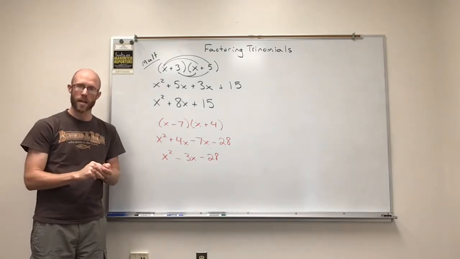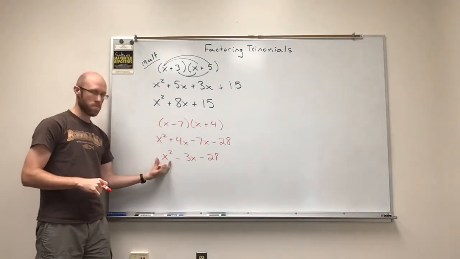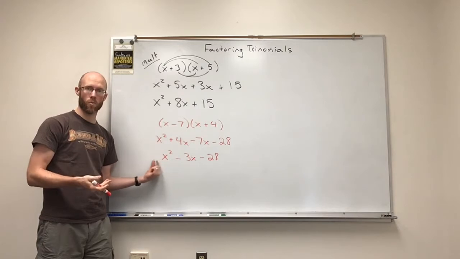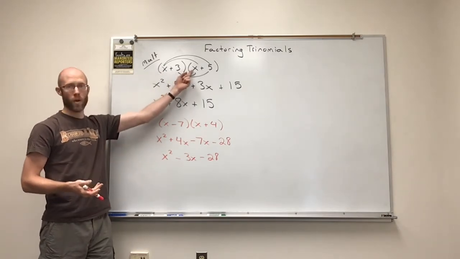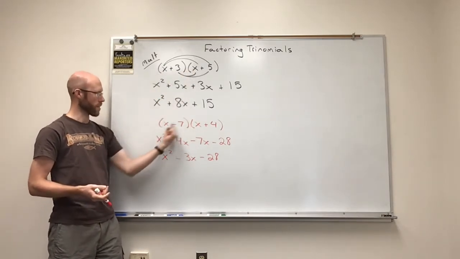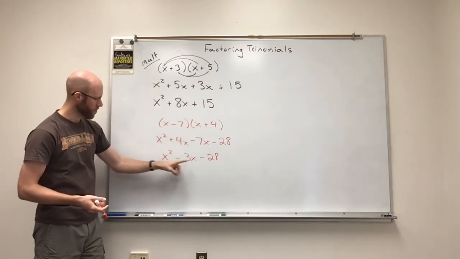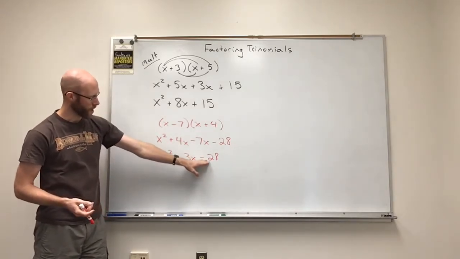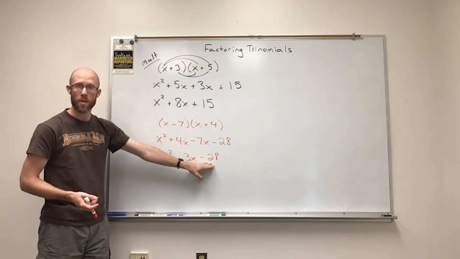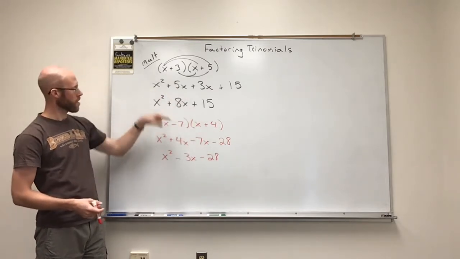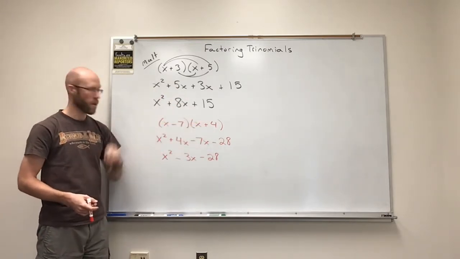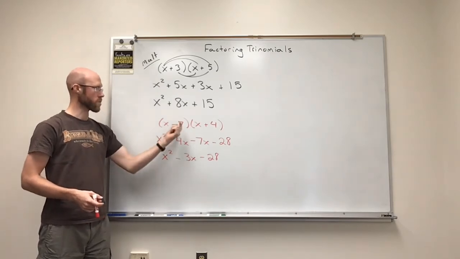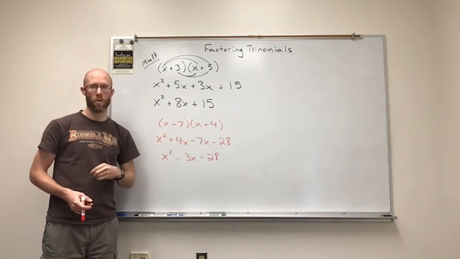And so again, the first term has just x squared, that's 1x squared, so x and x. Then you also have the negative 28, which is the product of negative 7 and 4, and also negative 3, which is the sum of negative 7 and 4, okay?